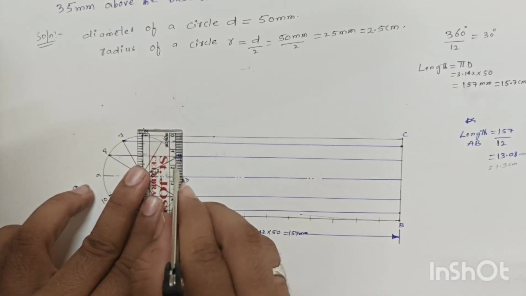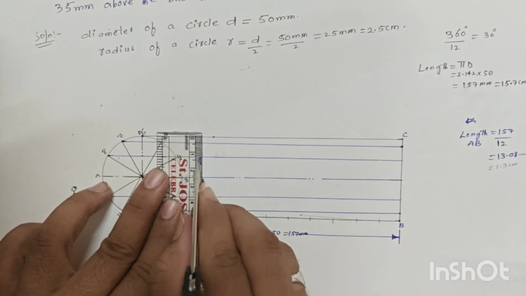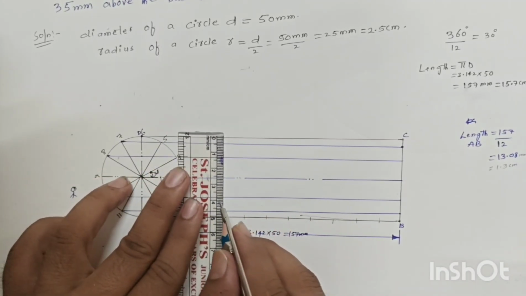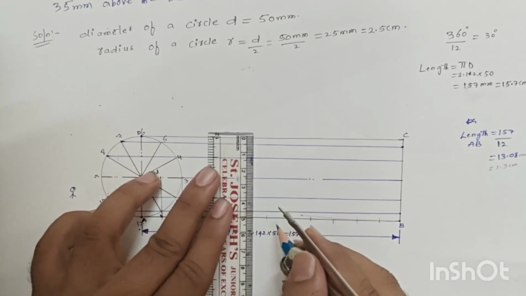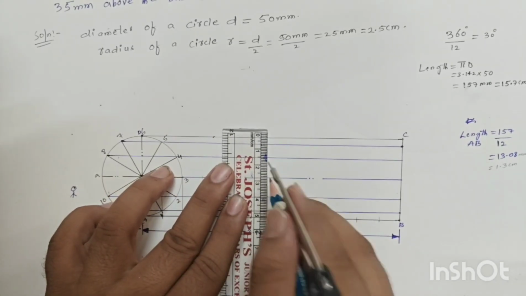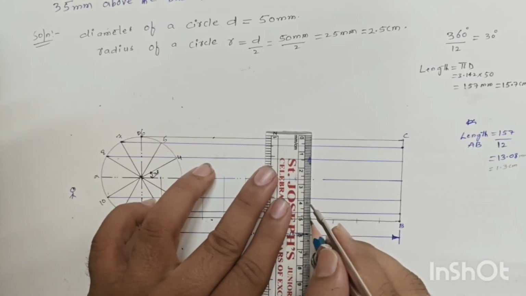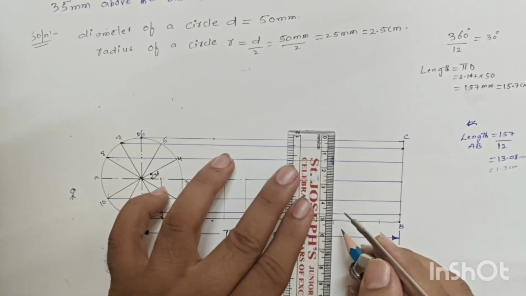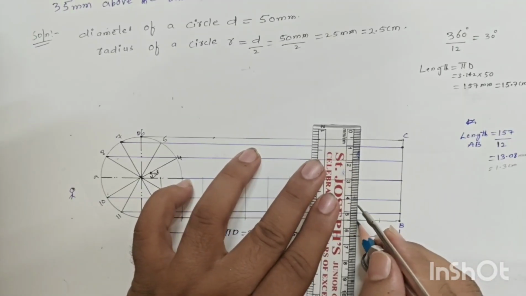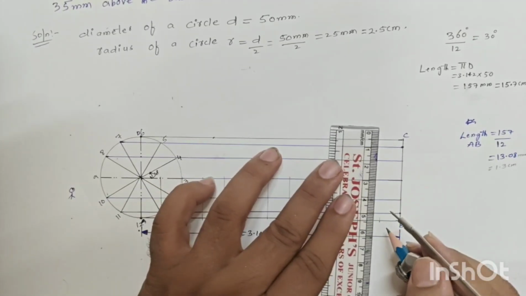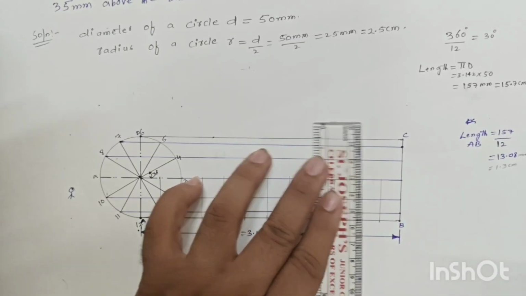This is first line, second line, third, fourth, fifth, sixth, seventh, eighth, 9, 10, 11, and this is 12.